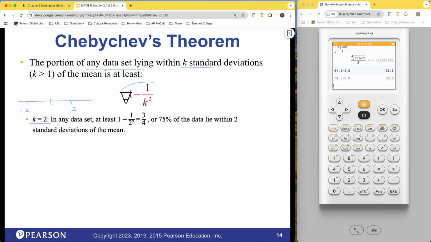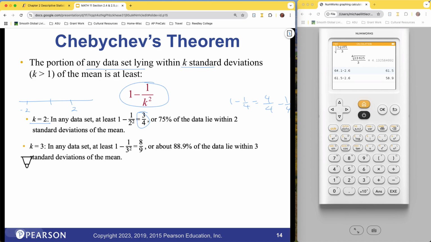That's using this formula here, which equals 1 minus 1/4. Get a common denominator, that's 4 over 4 minus 1/4. So that's how they got the 3/4. That's 75%. 3 divided by 4 is 0.75. 75% of the data lie within 2 standard deviations of the mean.